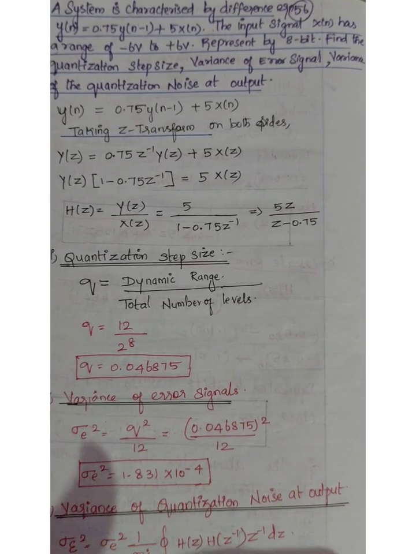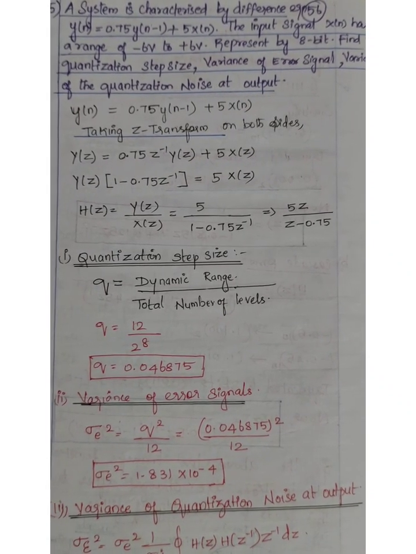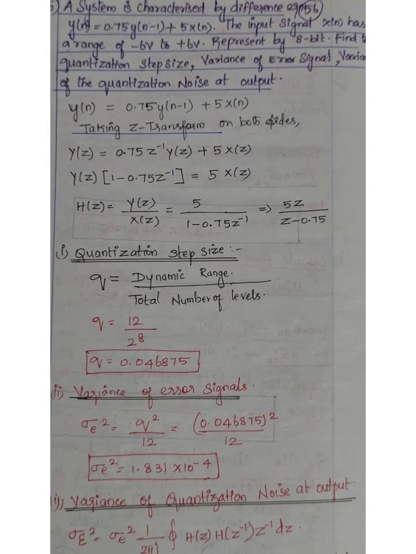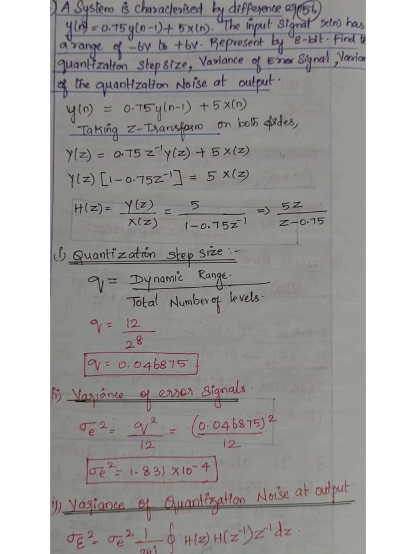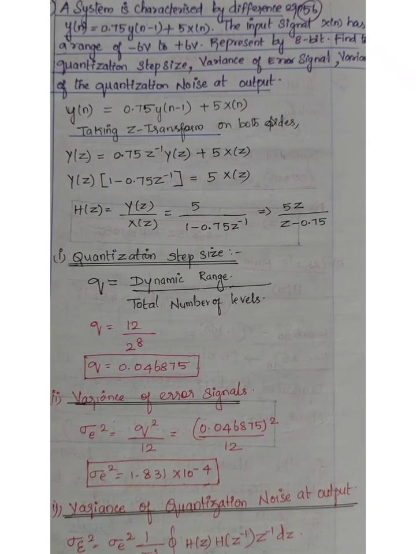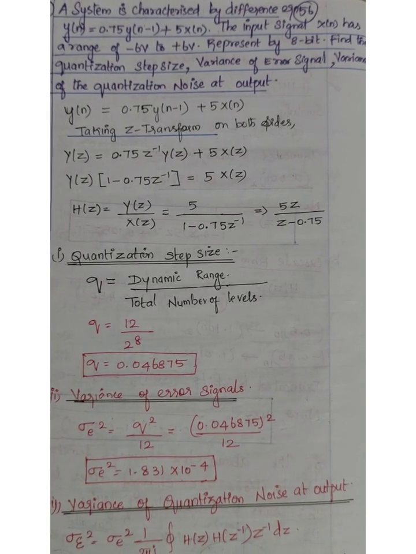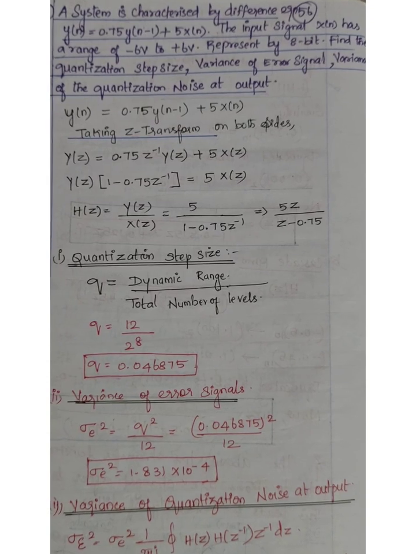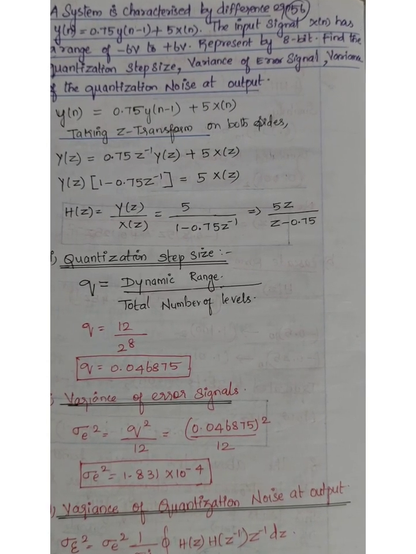So 6 minus (-6) becomes 12, divided by 2^B. B is given as 8 bits, so 2^8. Therefore Q = 12 / 2^8 = 0.046875.